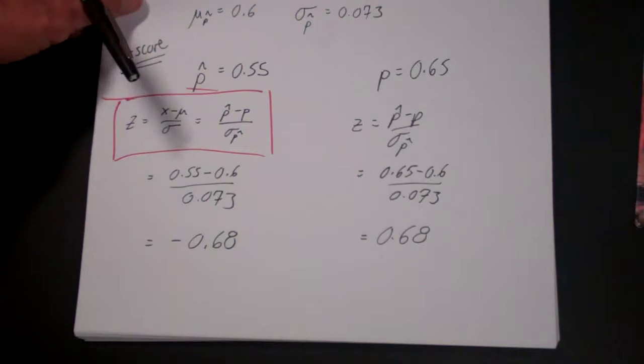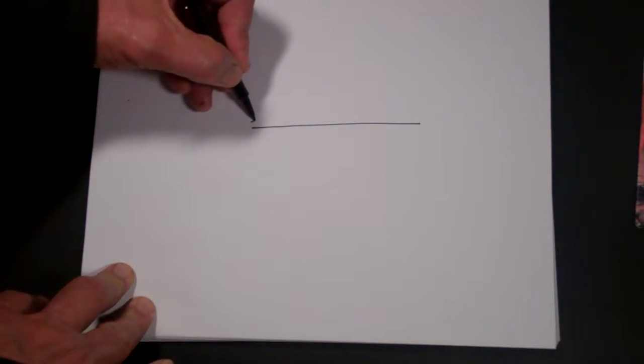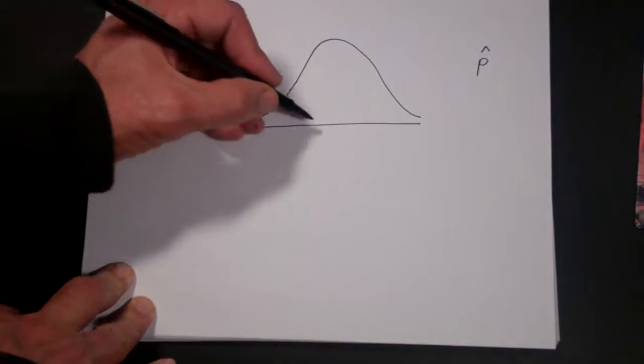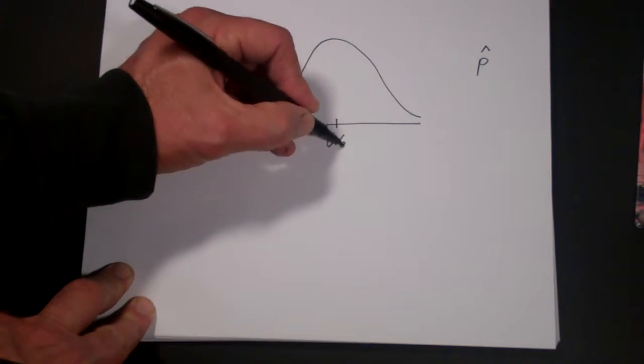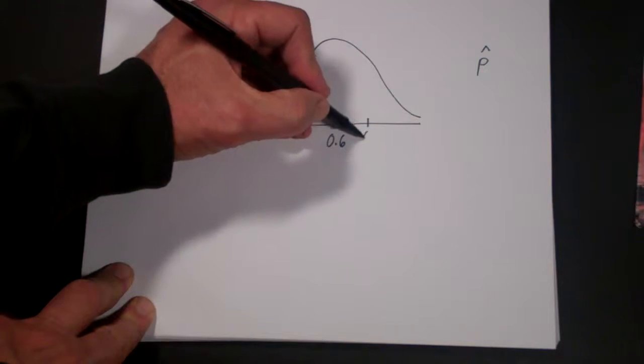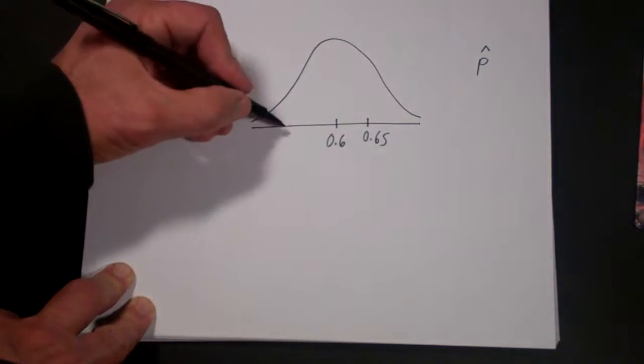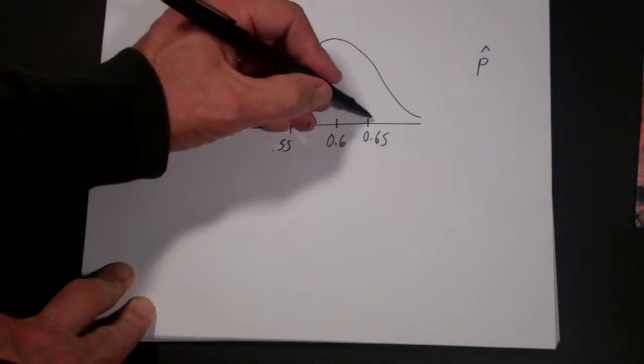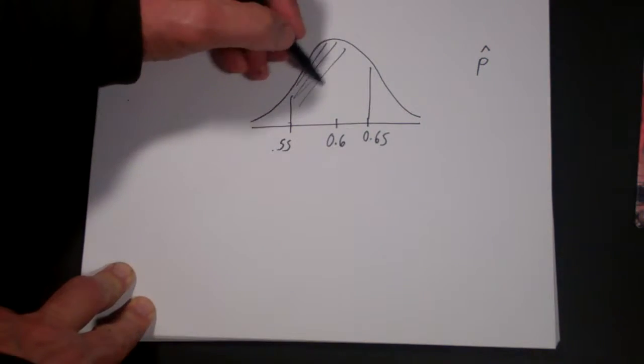Now, my two z-scores. What I'm going to do is draw two normal distributions. The first one is going to be for p-hat, the estimator. That's 0.6, and I'm going to find the probability that you're between 65% and 55%. So that's what I'm trying to find right there.